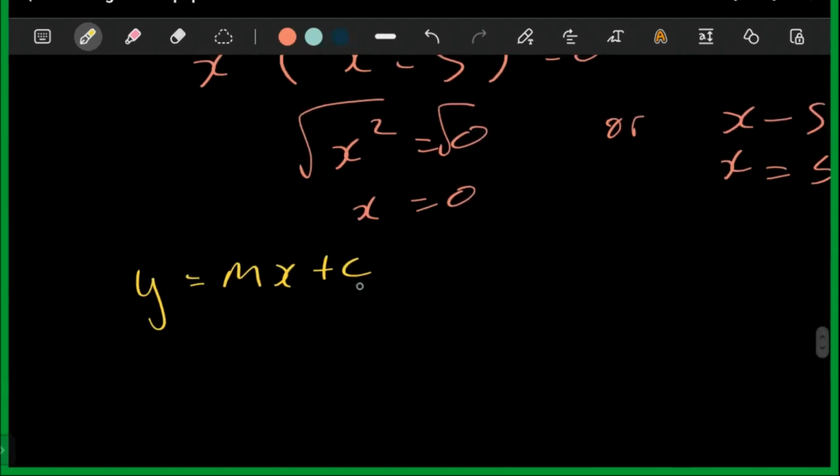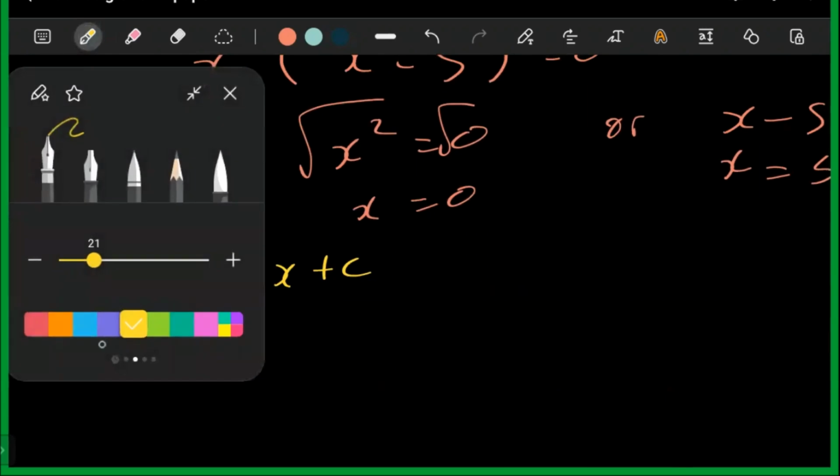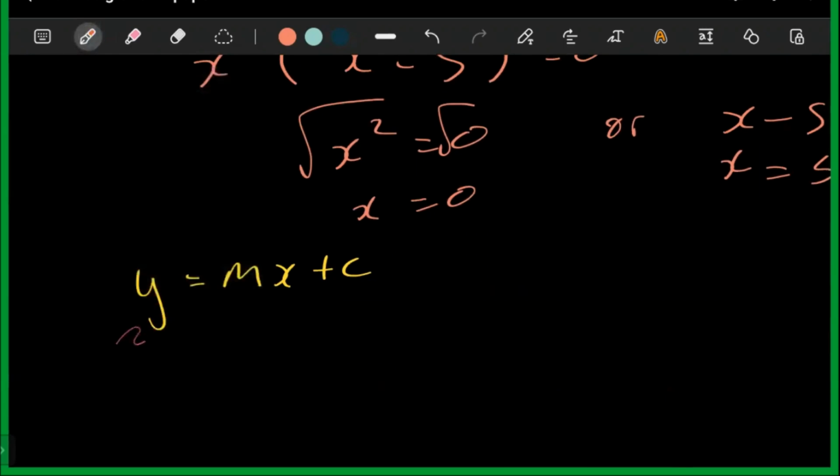So we need a gradient and a y-intercept. Fortunately, we can use this format: y minus y1 is equal to m times x minus x1. So we have to get a gradient, and we need a coordinate that the graph passes through.